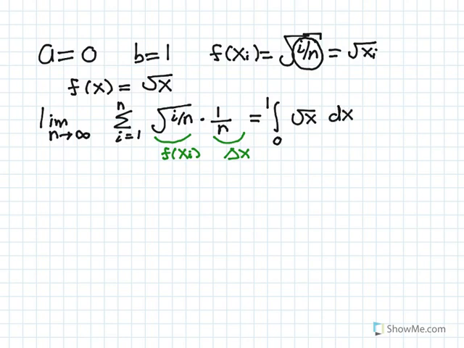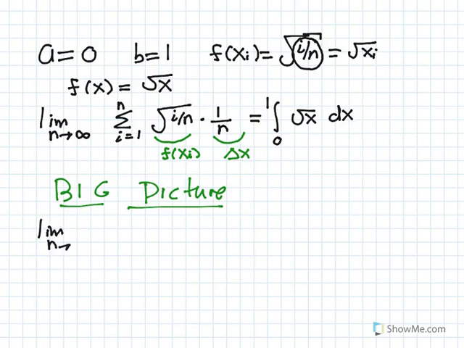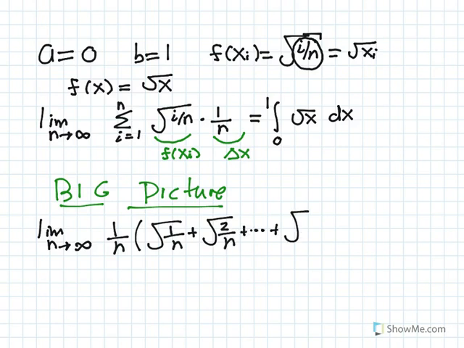So let's look at the big picture. What is the big picture in this process? We were given limit n goes to infinity 1 over n root 1 over n plus root 2 over n plus root n over n. We wrote that in a more compact form using summation notation and realizing the general term is root i over n.